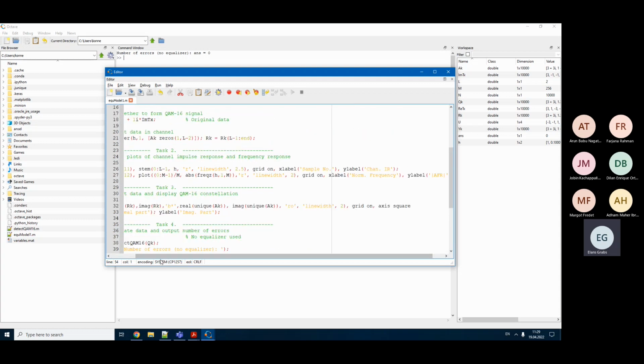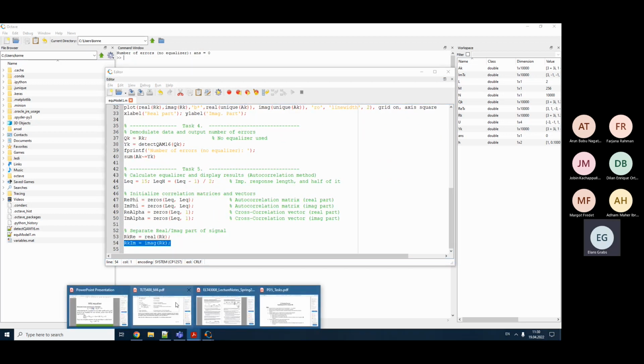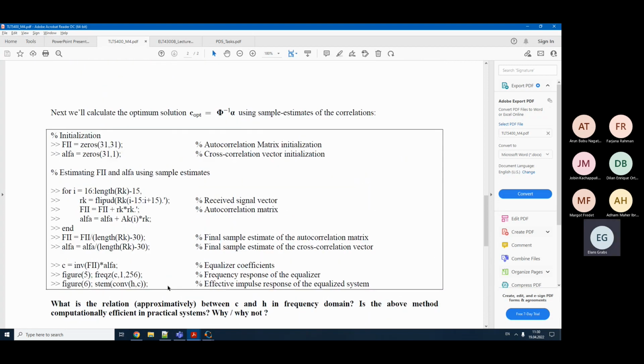So now we need to calculate this matrix. Actually, for that, we can copy this part of the code and basically update it.